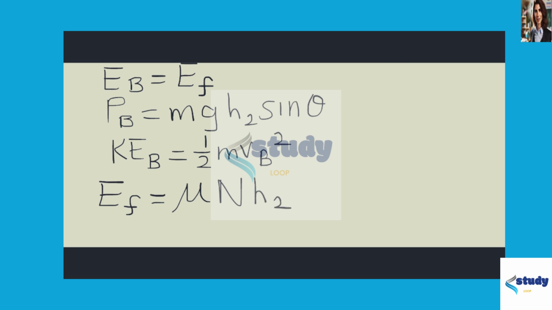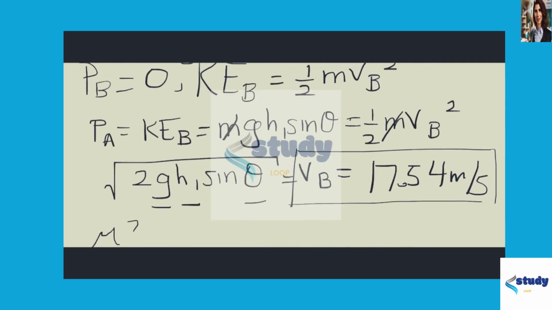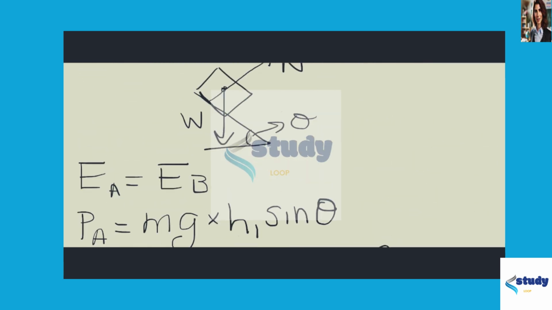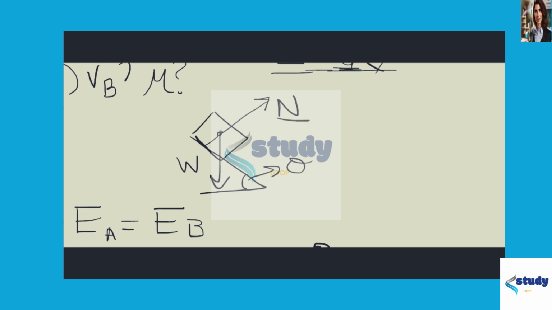So knowing these, what do we know? We know H2, but what is N? This is where that free body diagram that we made a long time ago comes in handy. So if we scroll back up to the free body diagram, this is N, and we see that the normal force will actually be equal to a component of the weight force. If we break these forces down into their components, this is the weight force broken down into those components in the direction of acceleration.